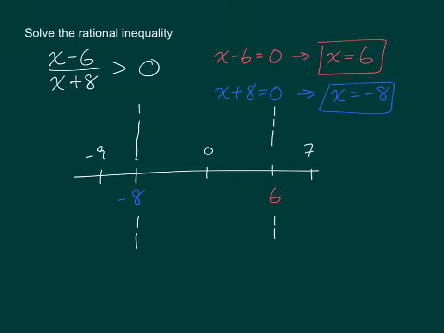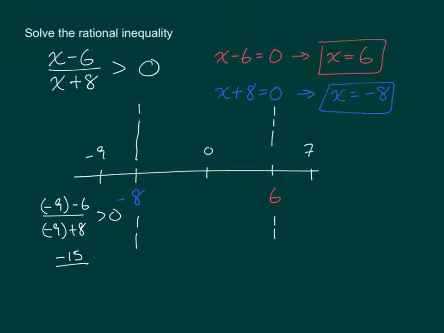So we will substitute negative 9 into the inequality, and that inequality says we need to be bigger than 0. Negative 9 minus 6 is negative 15.